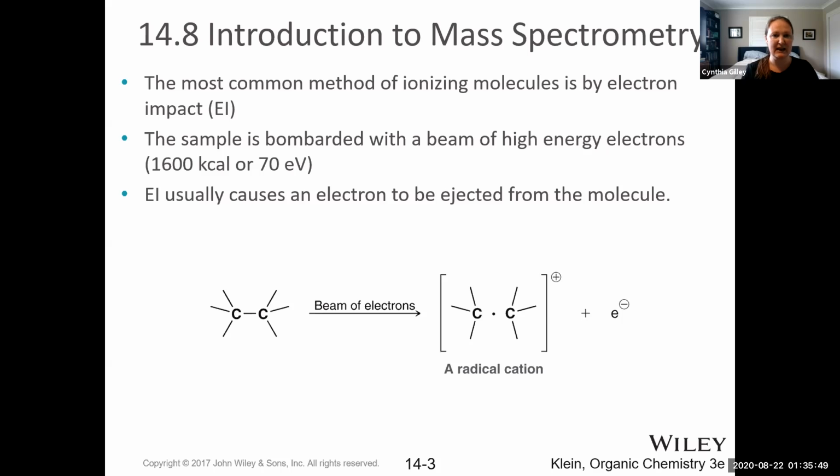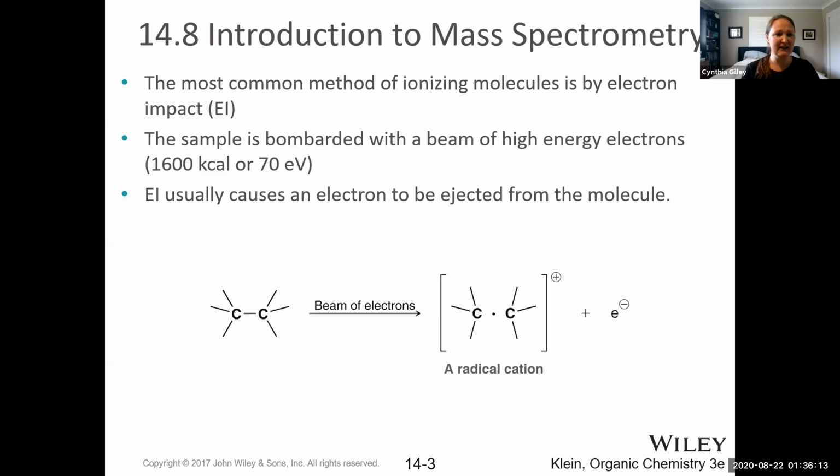So ESI and APCI are considered more gentle methods of ionizing. The molecules don't have as much energy after being ionized by those methods, and therefore they tend to stay more intact, which is actually an advantage. We'll be able to see what's called the molecular ion more commonly with that, and usually that's what we want to see, but we're going to talk about that more.